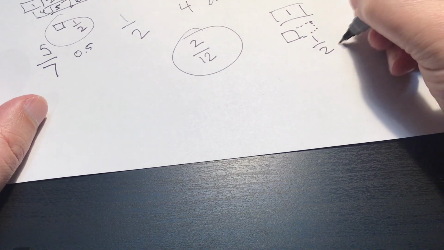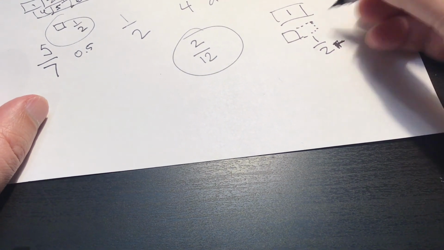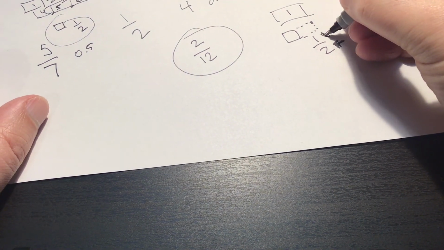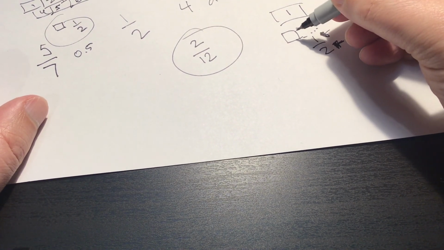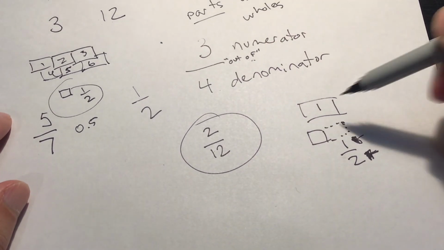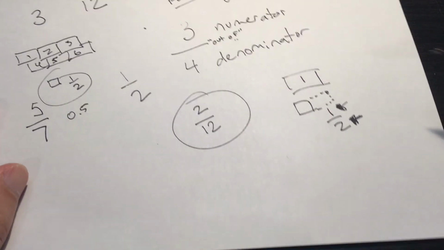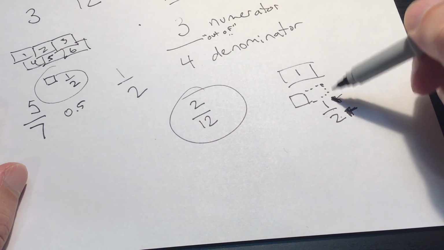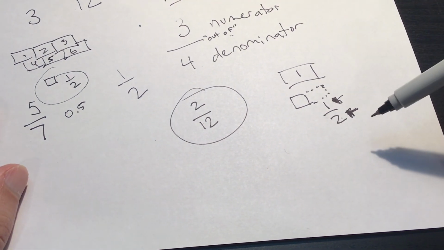But we don't have 2. How many do we have? 1. So we have 1 out of the 2 pieces we need. That's why I like to say 1 out of 2. We need 2 pieces to make the whole. We've only got 1. We've got 1 out of 2.